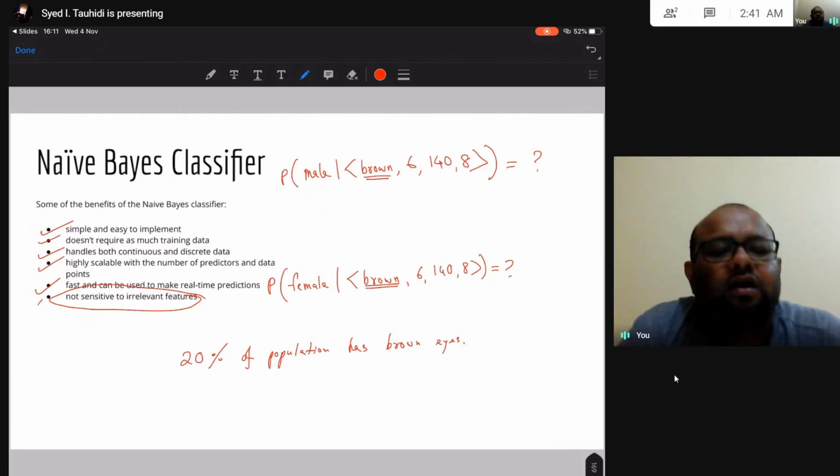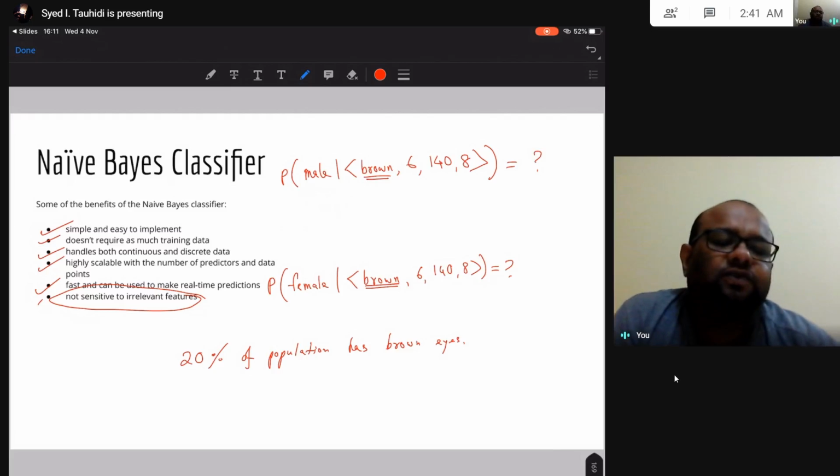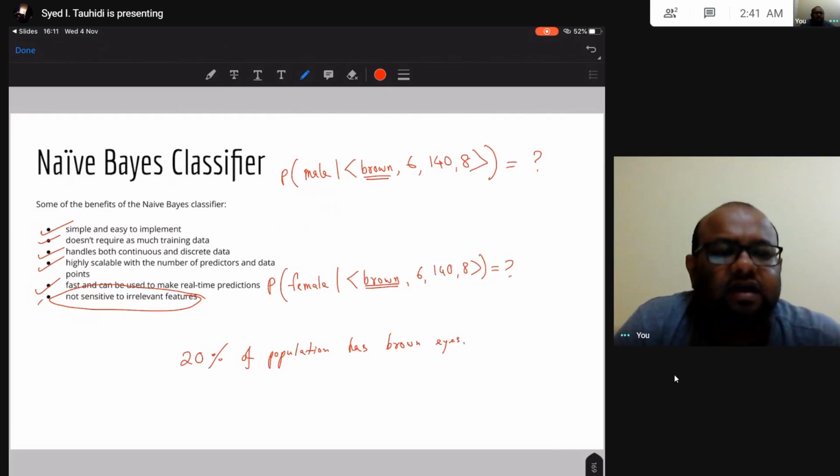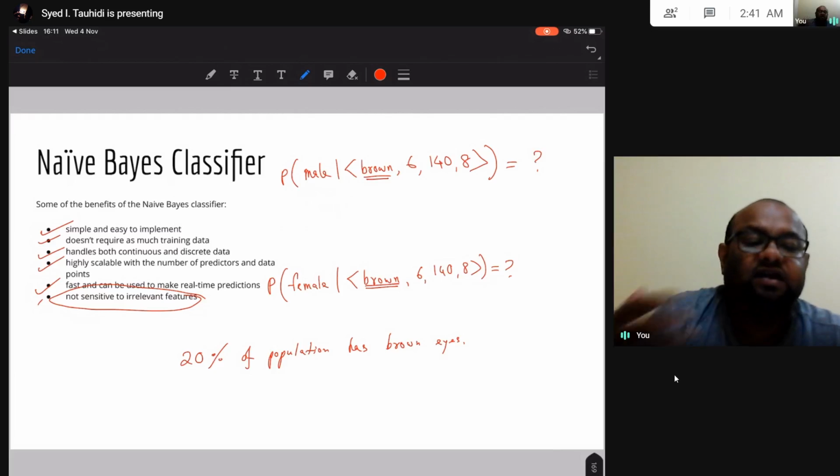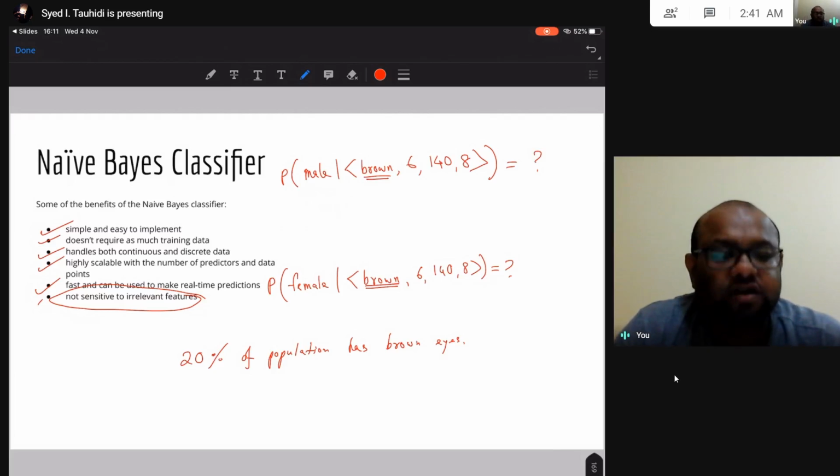If it so happens that 20% of male has brown eyes and 50% of female has brown eyes, then definitely eye color is not irrelevant when trying to determine the gender of a person.